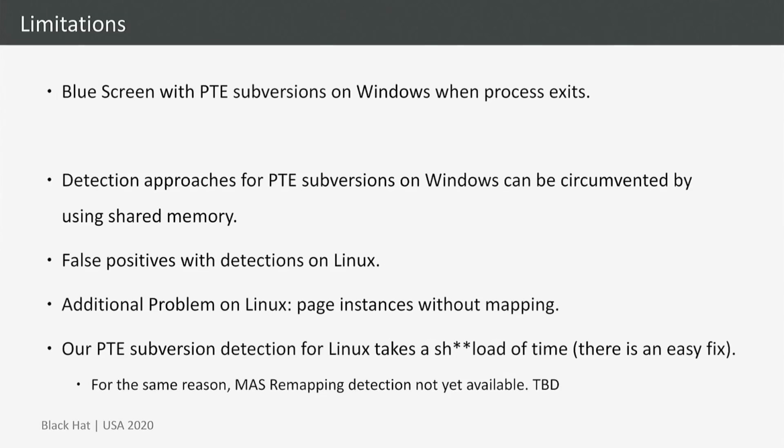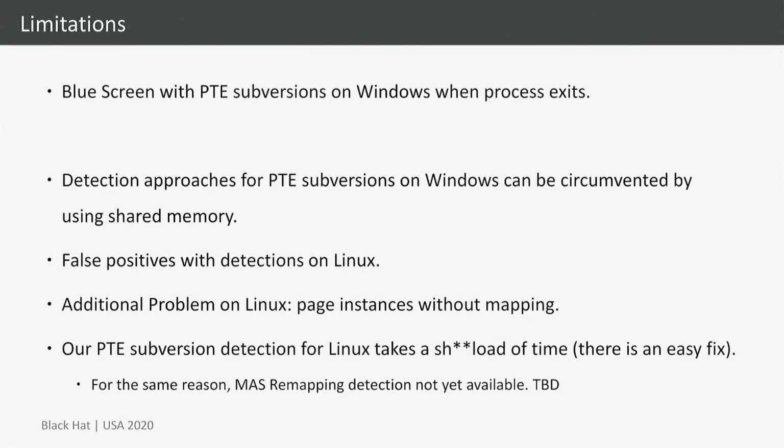Also, an additional problem in Linux, there can be page instances, so page structure instances that have no corresponding mapping. And by that, it's not possible for us at the moment to detect those pages in regards to subversion techniques. And also, again, on Linux, our PT subversion detection implementation is at the moment quite time-consuming.